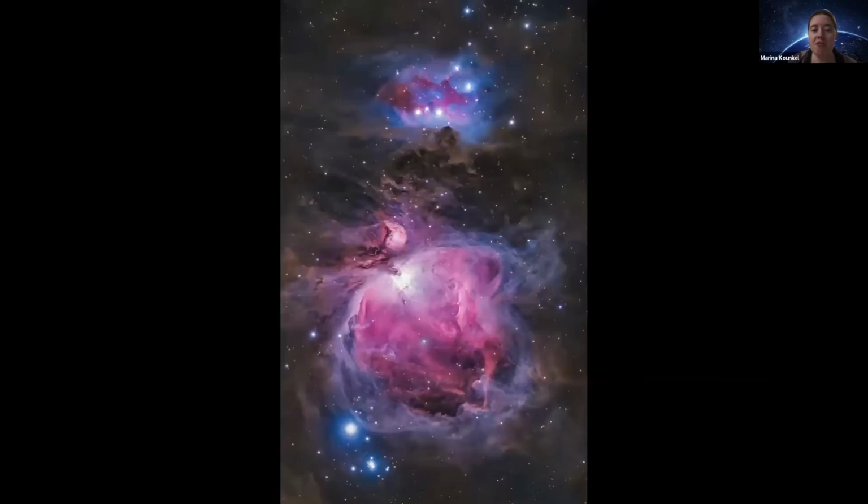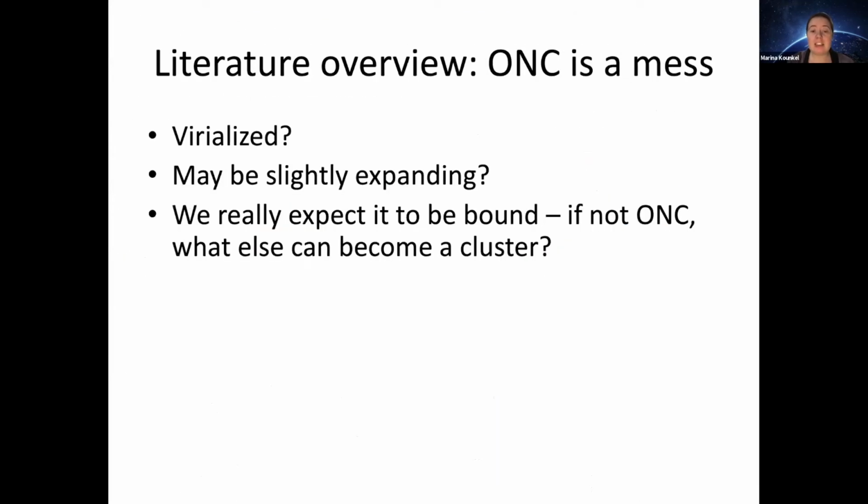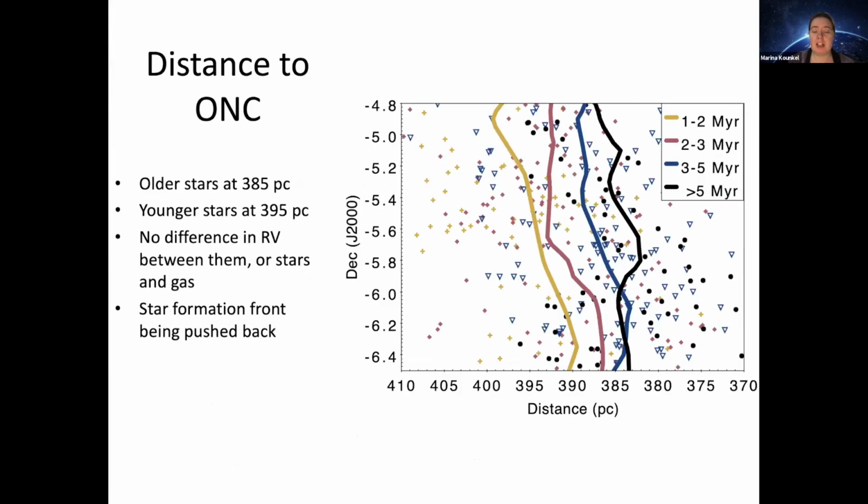Not really. Well, there is some difference in distance, and there's some difference in the overall distribution in the plane of the sky, so that the younger stars really tend to be concentrated in the center, in the core of the cluster. Originally, star formation was occurring everywhere throughout the filament, but as they age, you have more and more self-gravity, so everything gets pulled in more towards the center.